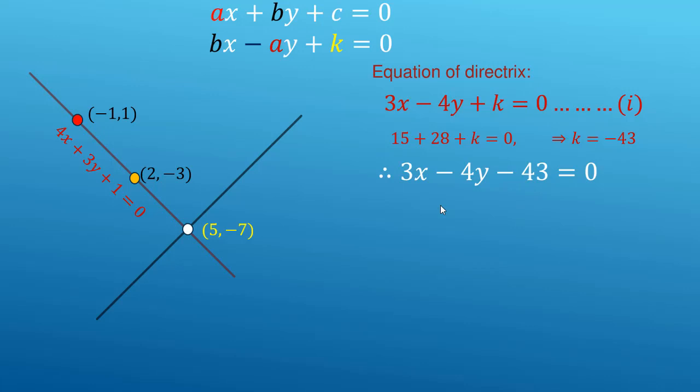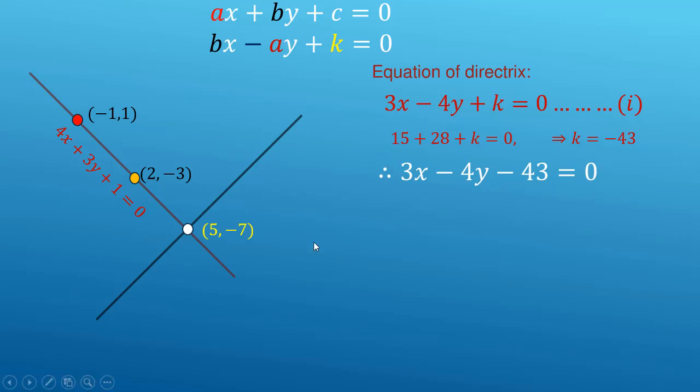So now we have the equation of the directrix and the focus. From our first lecture on conics, we know that if we have the equation of the directrix and the coordinate of the focus, we can calculate the equation of the conic.